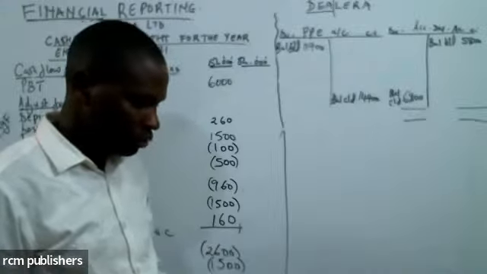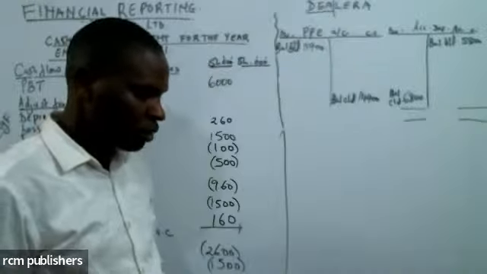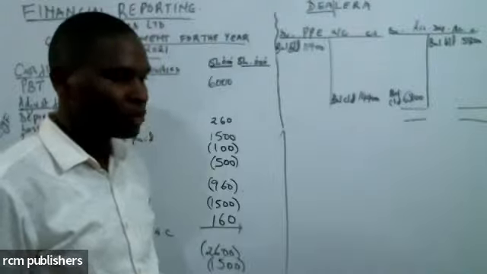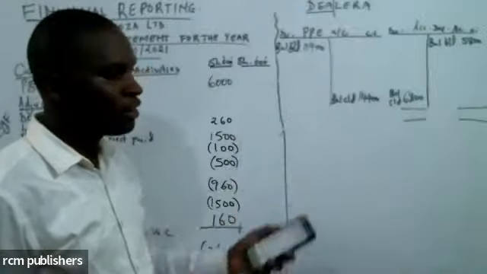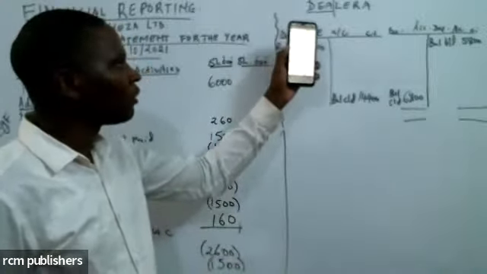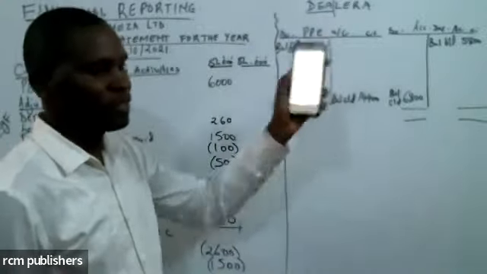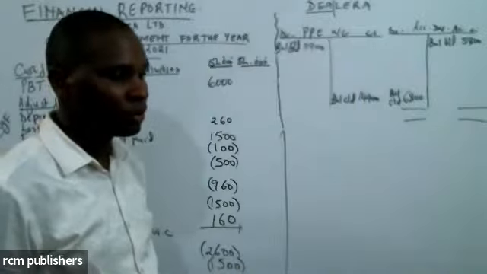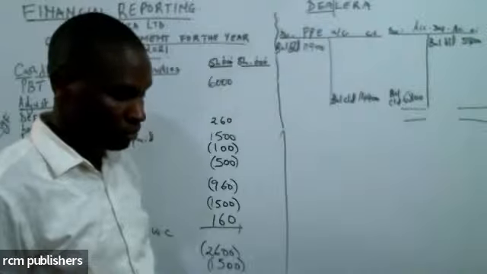Equipment with an original cost of 1,700,000 and a net book value of 900,000 was sold for 640 during the year ended. Remember, equipment is part of PPE, property, plant, and equipment. So the equipment of 1,700 was sold. So there was this disposal.